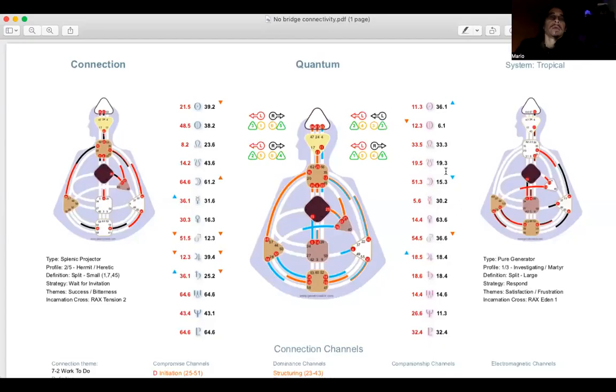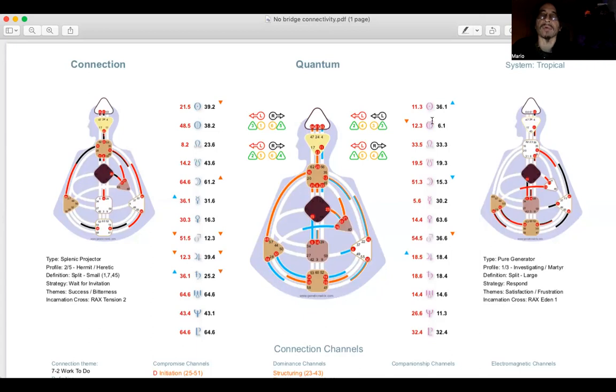Okay. So this is an example of a chart where you see the sun and earth profiles on either side, that there's no bridge. Now we can look to the nodes to see if there's a bridge. But initially we look and we see the 1, 3.